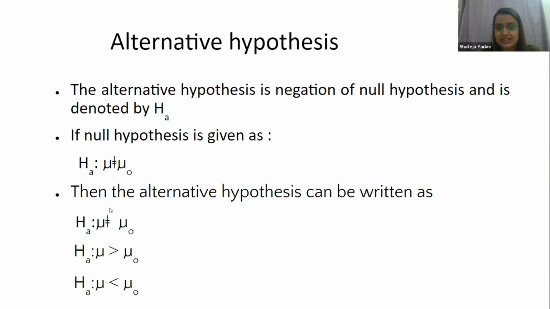Alternative hypothesis is the negation of the null hypothesis and is denoted by HA. If the null hypothesis is given as H naught: mu equals mu naught, then the alternative hypothesis will be given like this, that is, mu is not equal to mu naught.